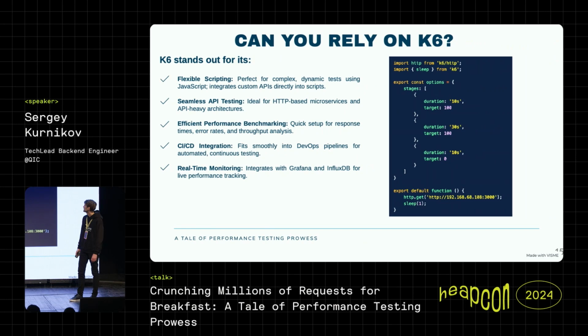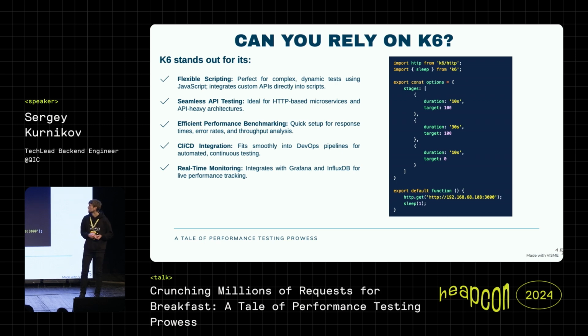Okay, what about K6? K6 is a very cool tool we're using in several cases. What do we want to get from K6? Firstly, it's very flexible scripting. You can integrate a generating API into your scripting and use your own special generated data.